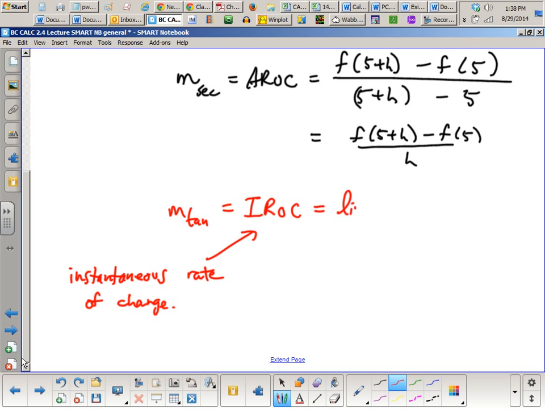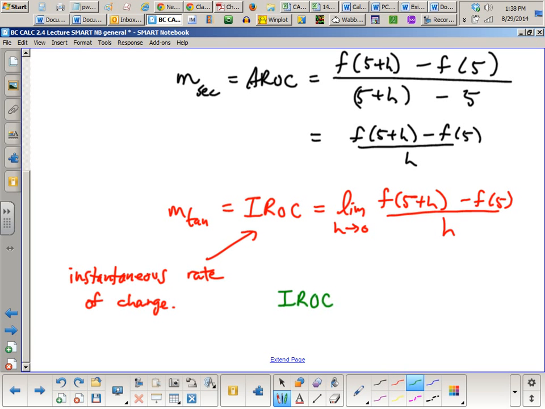And that would be if you did the limit as h goes to 0 of f of 5 plus h minus f of 5 all over h. So when you limit AROC, you get IROC. I'll write that.